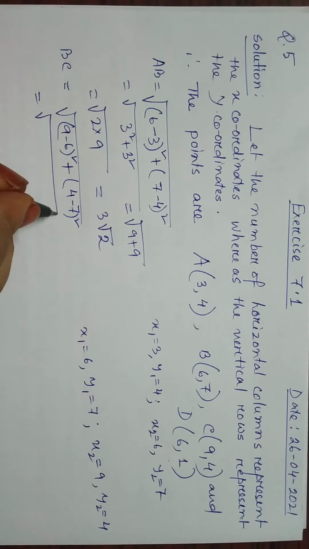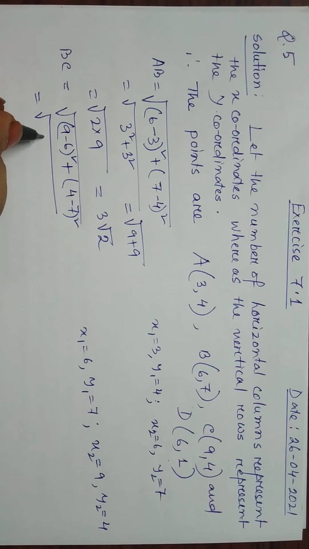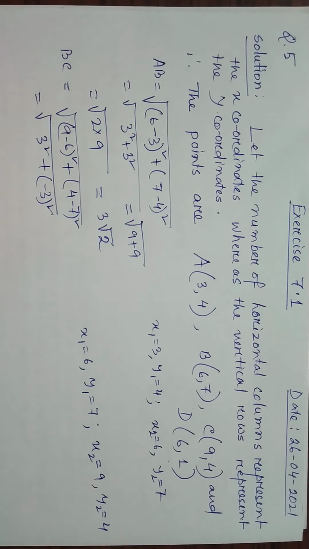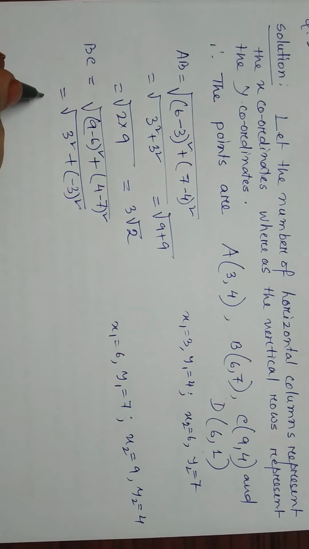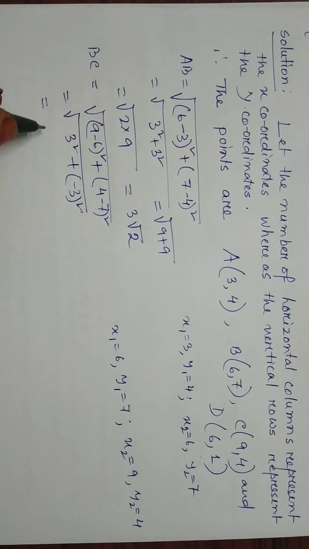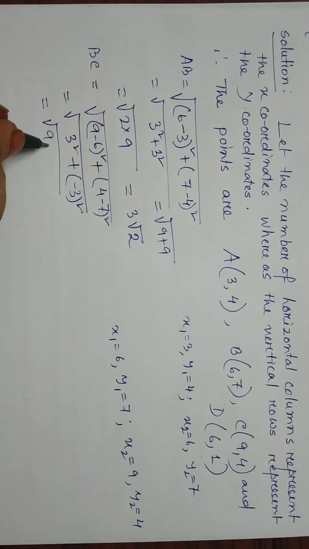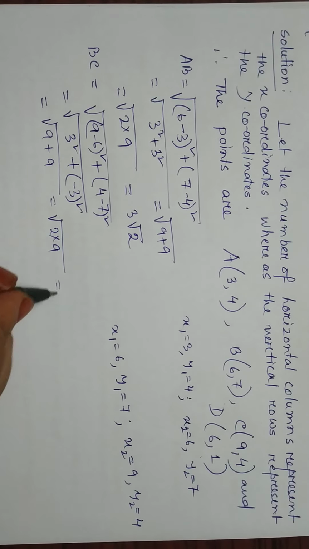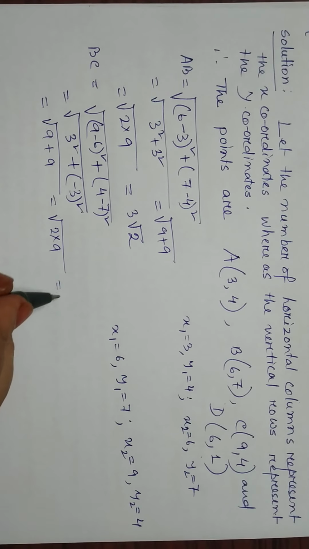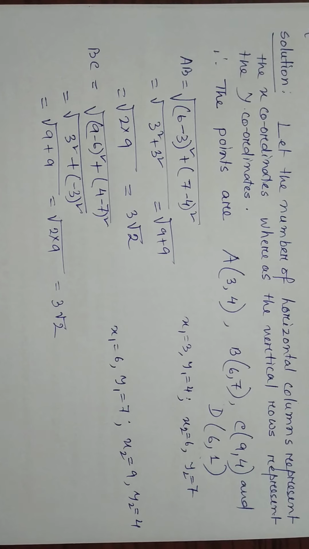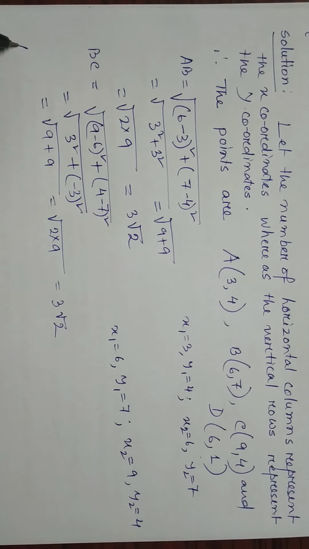That means 3 square plus minus 3 whole square. This is equal to root over 9 plus 9, that means root over 2 into 9, which is 3 root 2. Now the length of BC also is equal to 3 root 2.